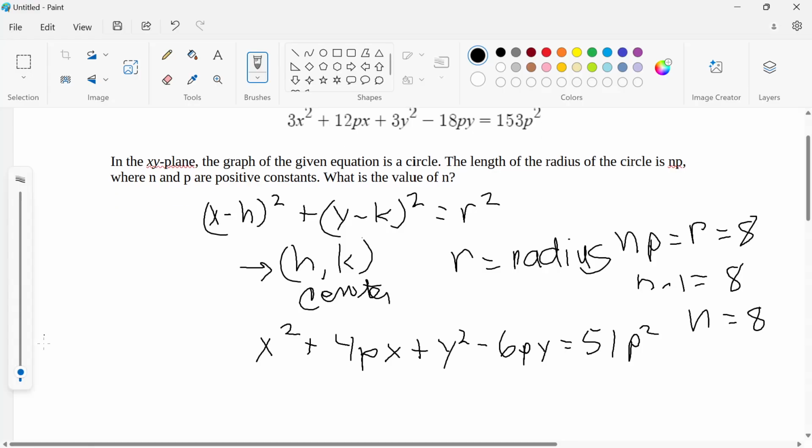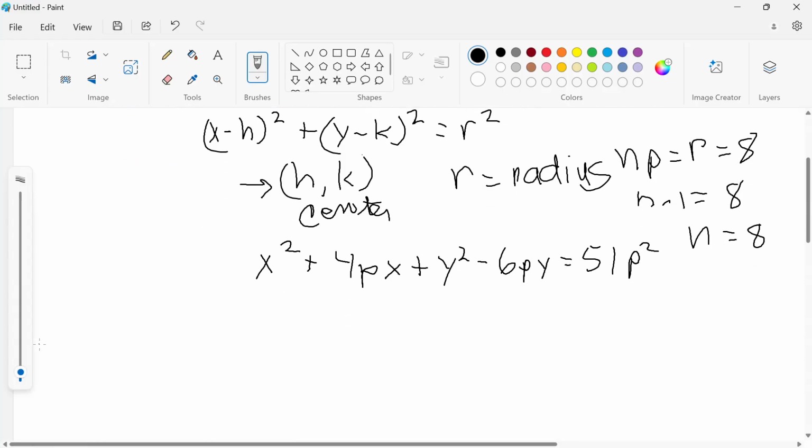Now I've got the x's with the x's and the y's with the y's, so I'm going to take half of whatever's in front of x. Half of 4p is 2p, so I get x plus 2p squared, and then I square this. 2p times 2p is 4p squared, add it to the right, 4p squared.